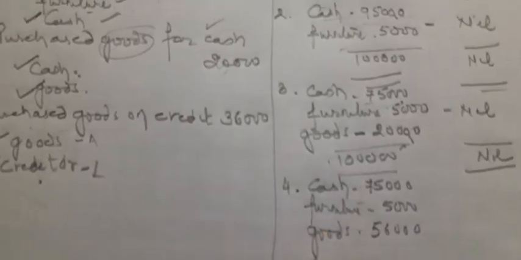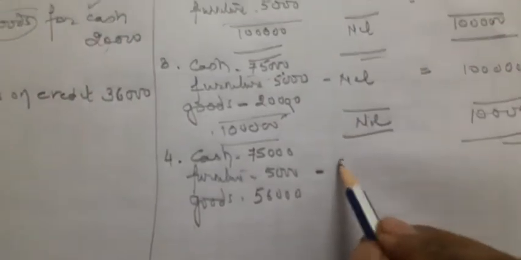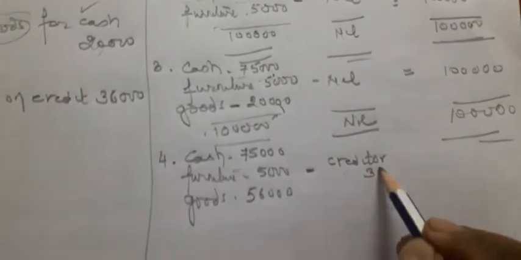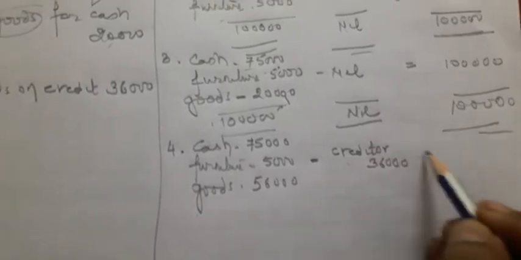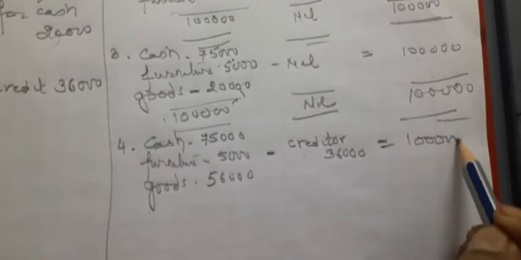Then there will be a new liability named creditor, 36,000 rupees, and no change in capital, 1 lakh rupees.